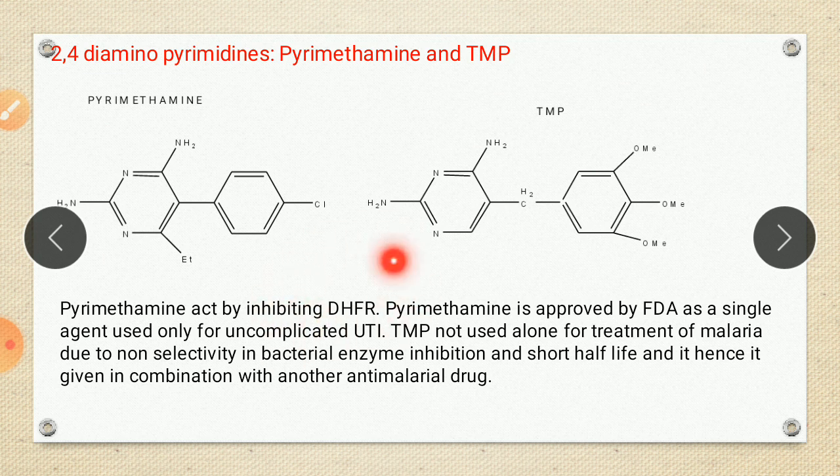Again the enzyme is the same, DHFR. Tetrahydrofolate is required for biosynthesis of purine and pyrimidine for DNA synthesis of the parasite. It is obtained by reduction of dihydrofolate catalyzed by dihydrofolate reductase.